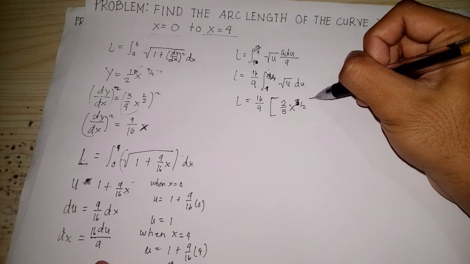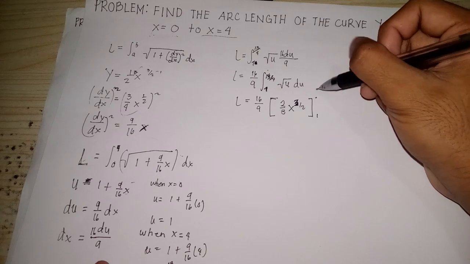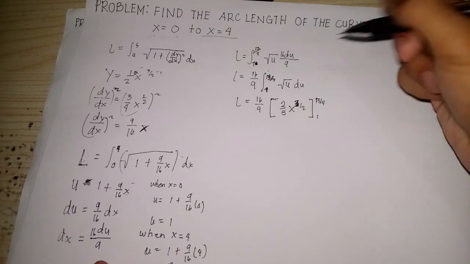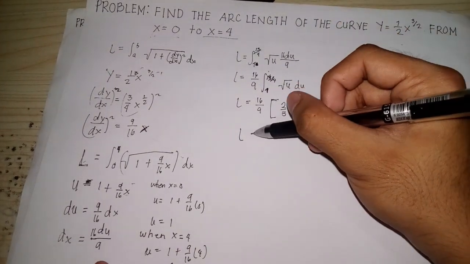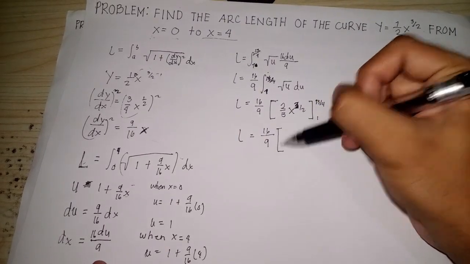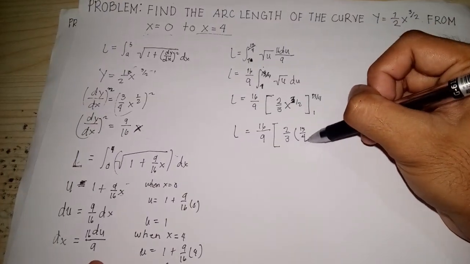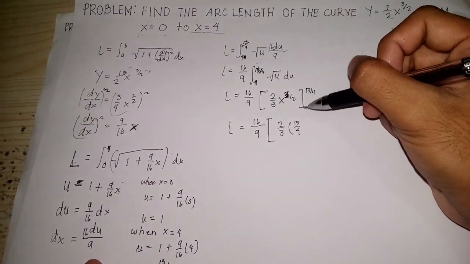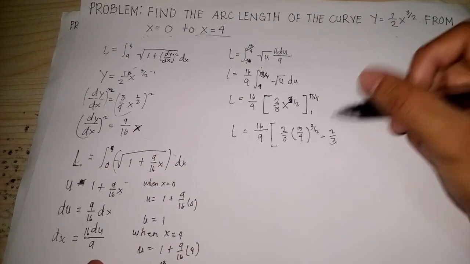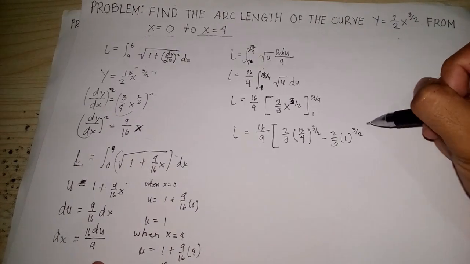So that's it. From our limit 1 to 13/4, now substituting that limit to our x, we should get 16/9 times 2/3 of 13/4, then is 3/2 minus 2/3, since we have here a 1, so 1 is 3/2.